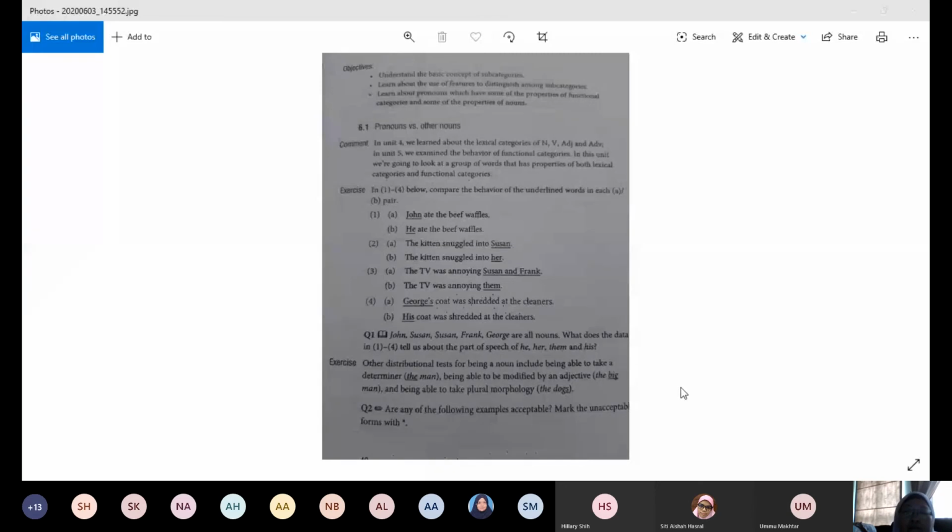So what we have here is, just now we have dog, number 8. Number 9 we have he, a pronoun. A pronoun, as we said just now, is also a noun.